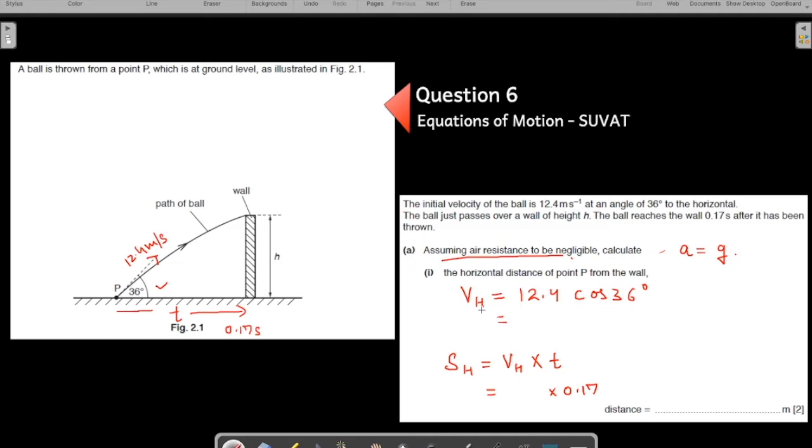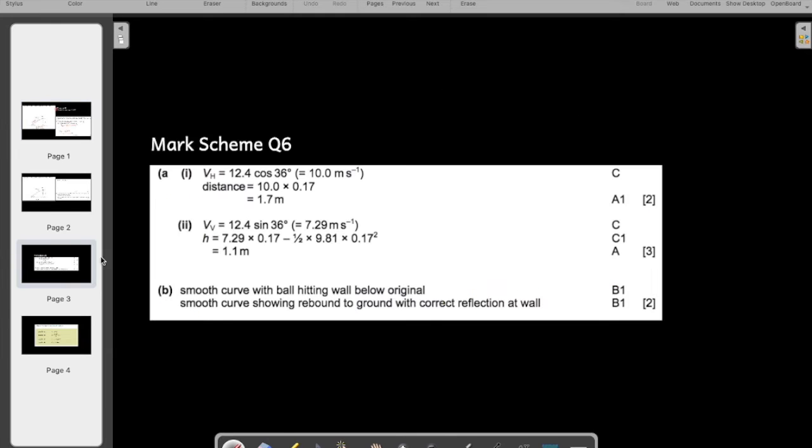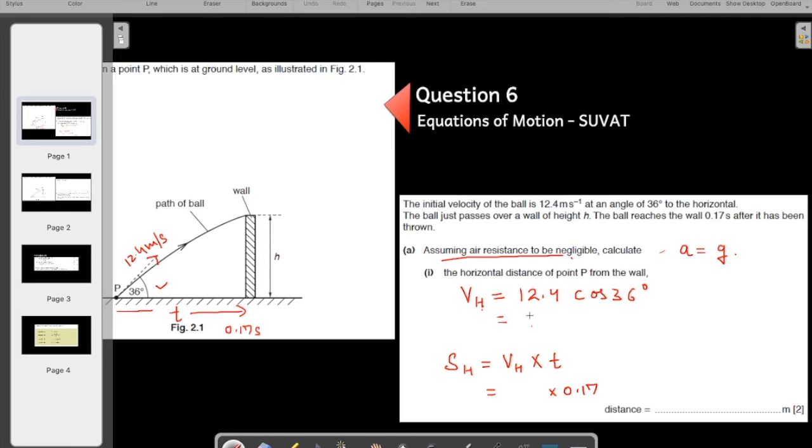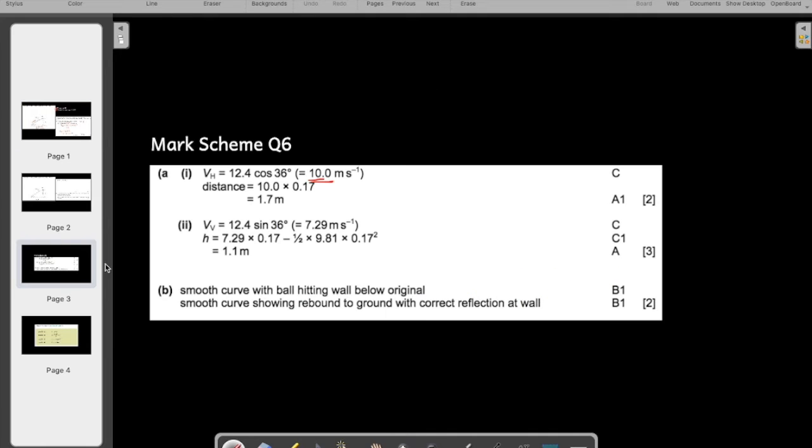So what is the value of VH? Calculate in your calculators and see if it is tallying with the mark scheme. The answer here should be 1.7 meters. Let us tally with the mark scheme.